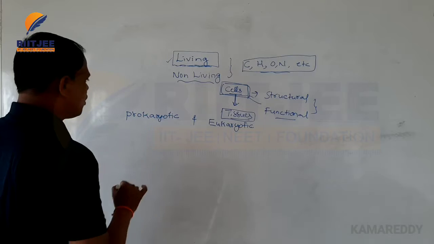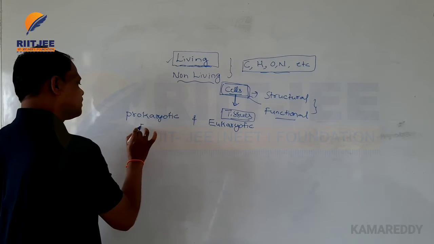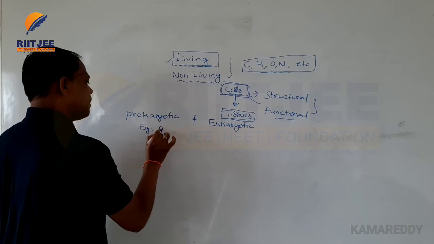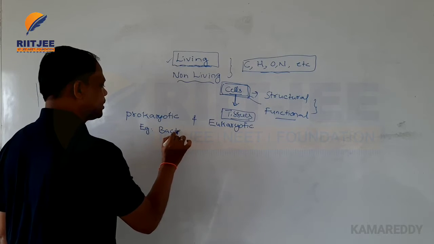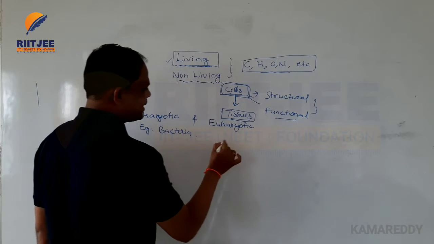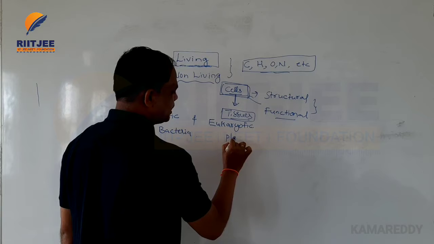An example of a prokaryotic cell is bacteria, and an example of a eukaryotic cell is the plant cell.